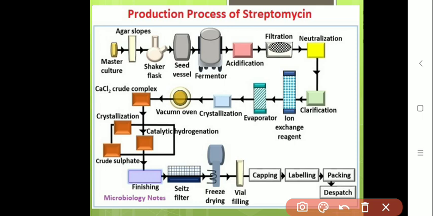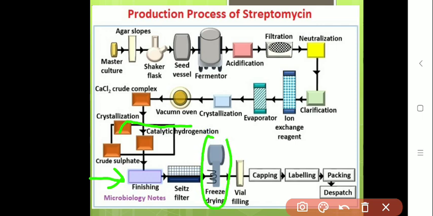Then it is passed to the vacuum oven. Then if some impurities still remain, they are washed with the help of water. The crystallization process is done. Crude sulfate is removed, and once the purification is completed, it is passed through the sieve filter.